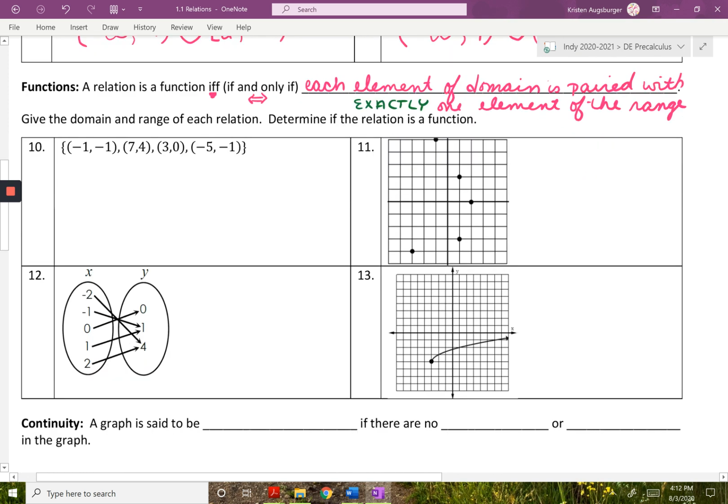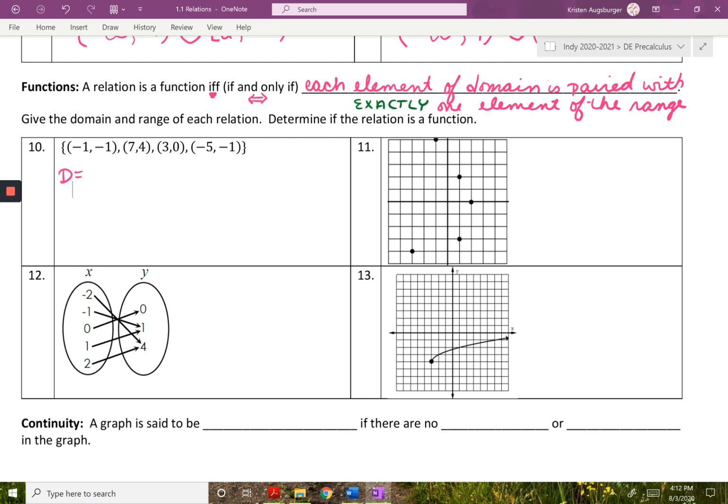Let's put it through context. If I look at number 10, let's first determine the domain and range. Because I have two different sets, I'm going to mark each of them. The domain here is a set.